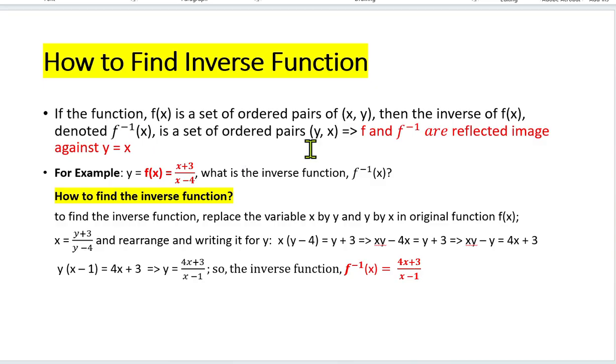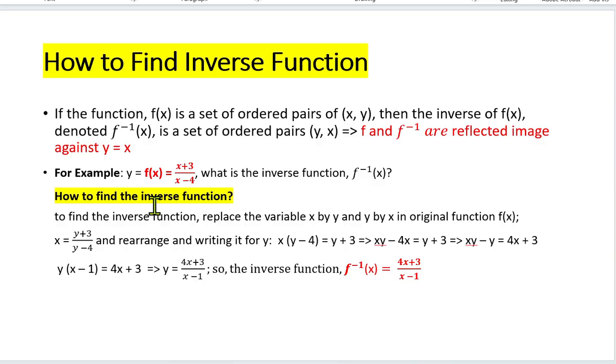It's the set of ordered pairs (y, x). So x and y swap with each other in the inverse function. So f and its inverse function are reflected images against y equals x.